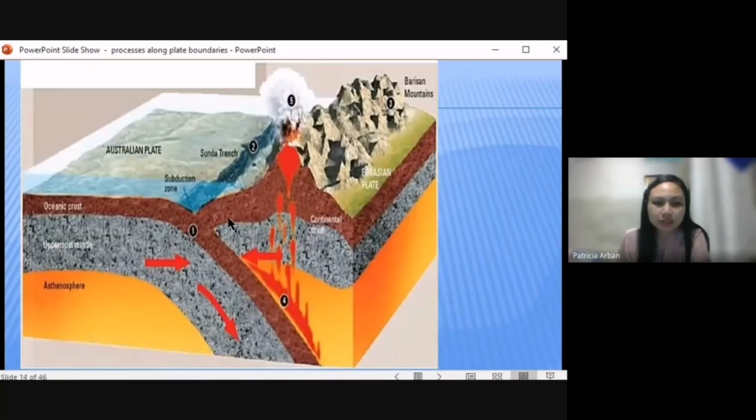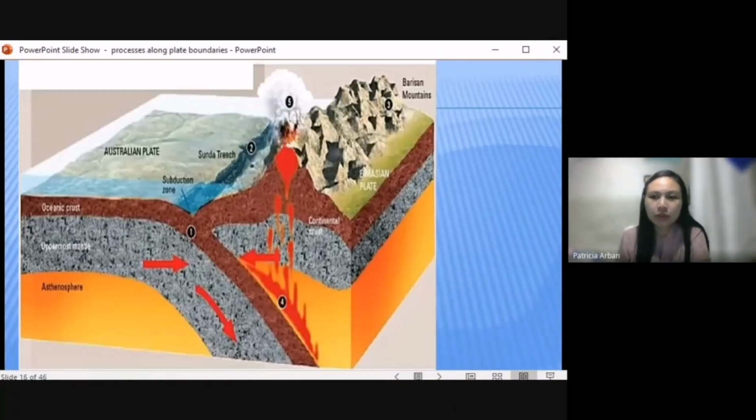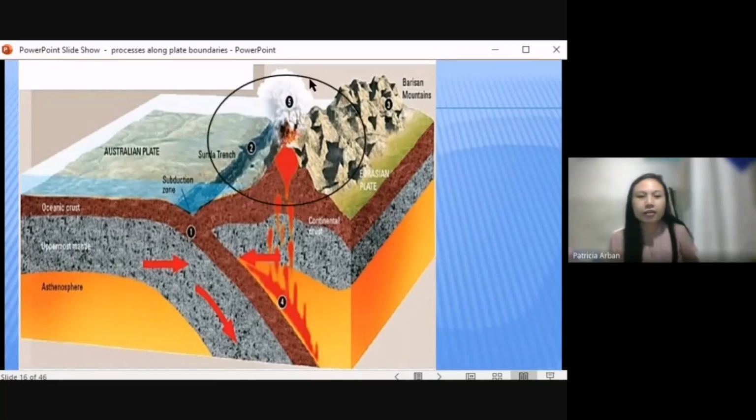Nasaan yung trench? Ayan. So here, sa may number 2. Okay, trench. Next one is volcanic arc, which is an opening on the Earth's crust where lava flows. Okay, so naayan po ang ating volcanic arc. Okay, ayan. See volcanic arc. Okay, next one.